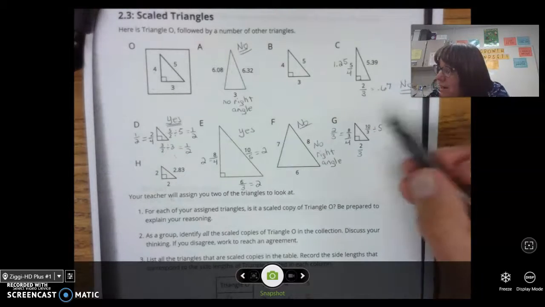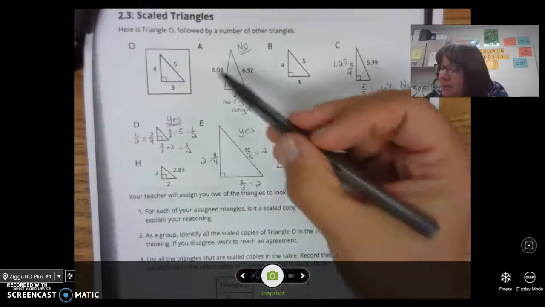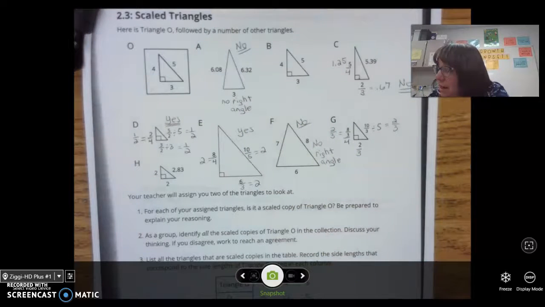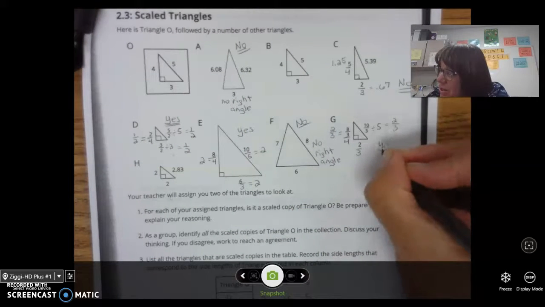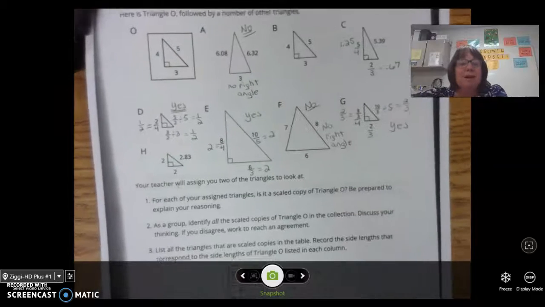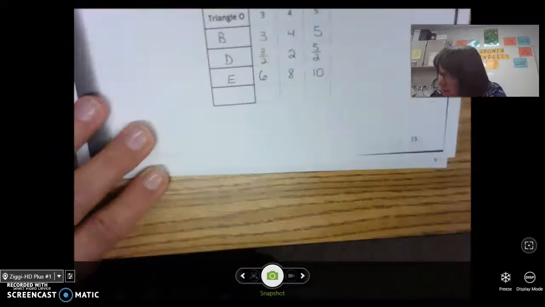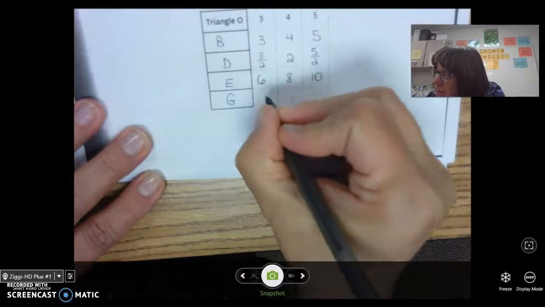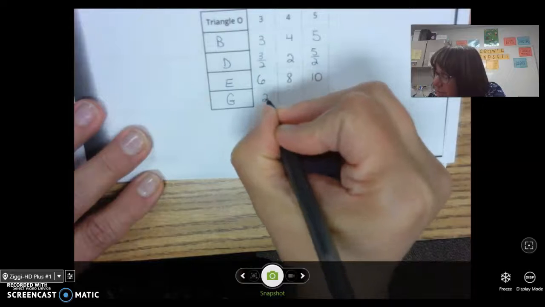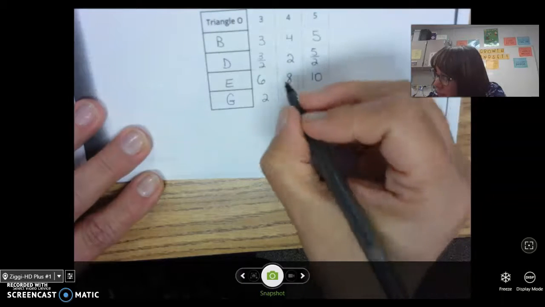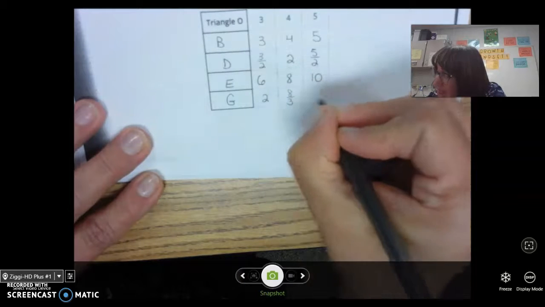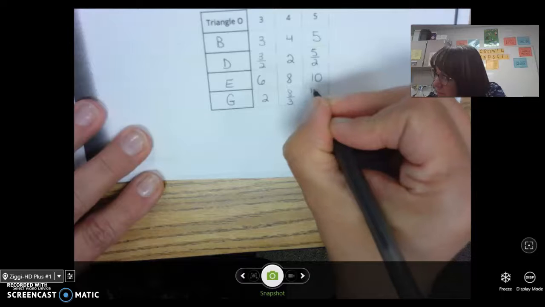So again, I'm taking each side and just dividing it by the size of that original. And these were all the same, so yes, G is a scaled copy. I'm going to come down here and fill in what was the same. The side of 3 was a 2. The side of 4 was 8/3. And 10/3 was the side of 5.